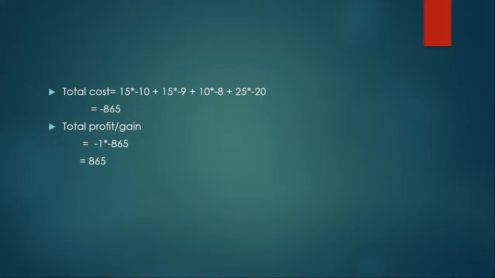Total cost equals 15 multiplied by minus 10 plus 15 multiplied by minus 9 plus 10 multiplied by 25 multiplied by 65. To calculate total profit gain, we will multiply total cost by minus 1. Minus 1 multiplied by minus 865 equals 865. This is our total profit.